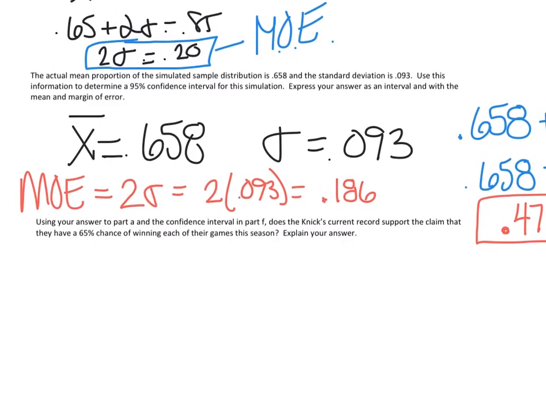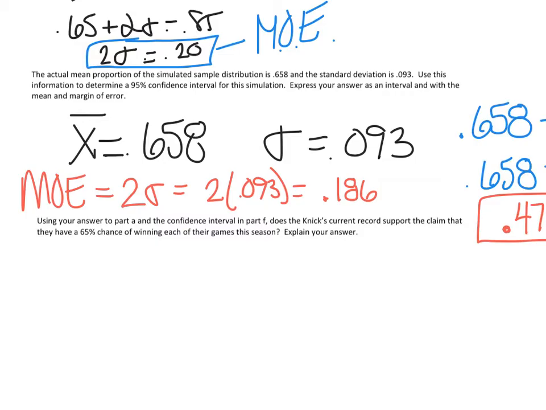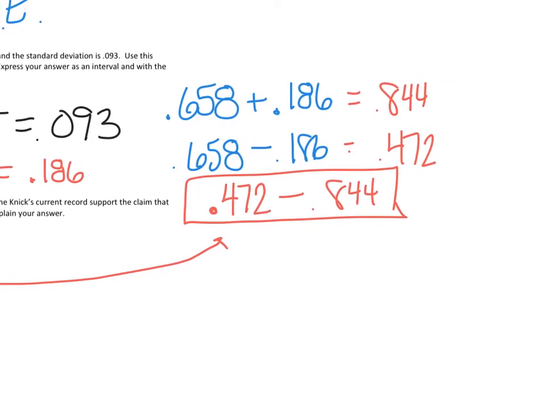So now the question says, using your answer to this previous part and the confidence interval that you just found, does the Knicks' current record support the claim that they have a 65% chance of winning their games each season? Well, as long as this number falls within your confidence interval, we can say, yes, that supports our claim. So does 65% fall within our confidence interval?